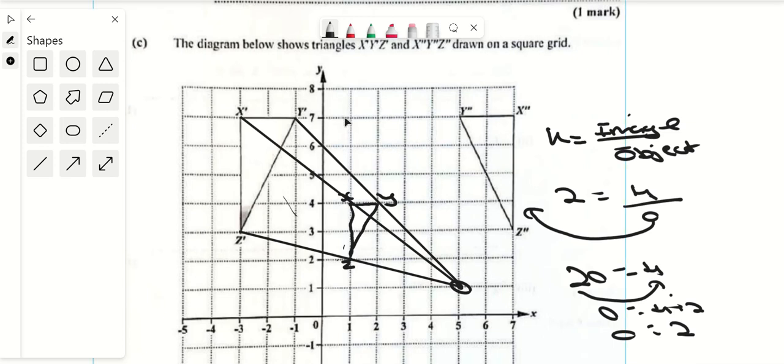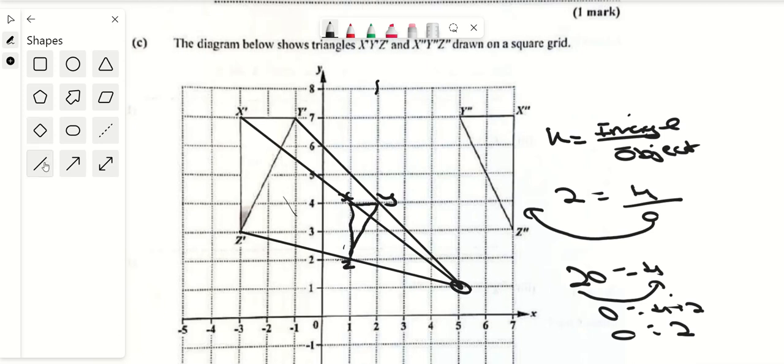So we know it's 1, 2, 3, 4, 5, 6. To find my mirror line, I just divide that length by 2. So when I divide by 2, that is how much space there is between our object and our mirror line, or image and mirror line. I'm just going to do it from the object, 1, 2, 3. So my mirror line is going to be right here.